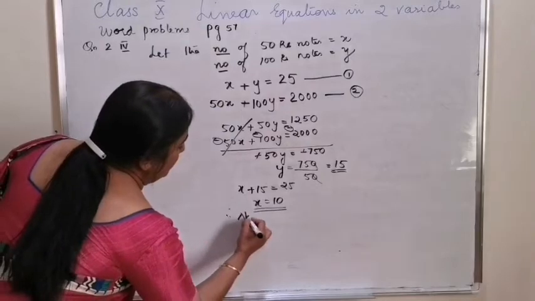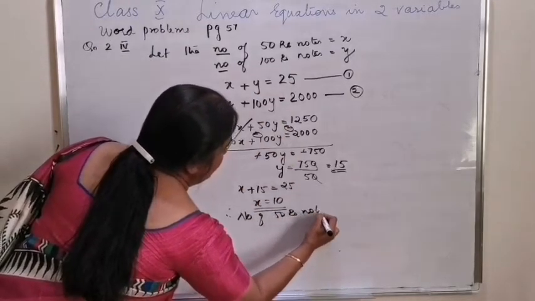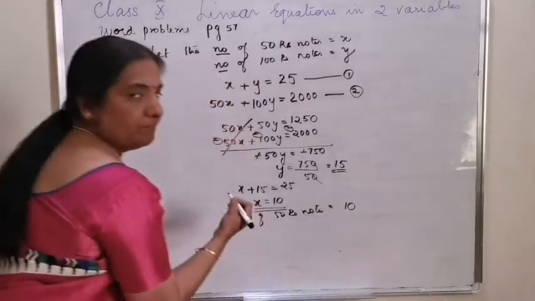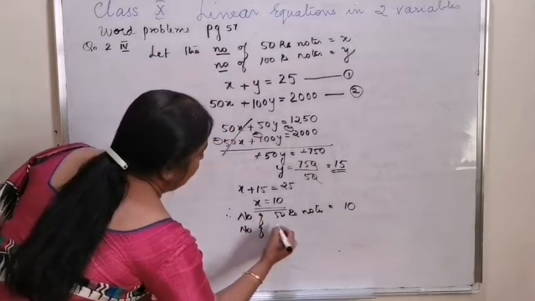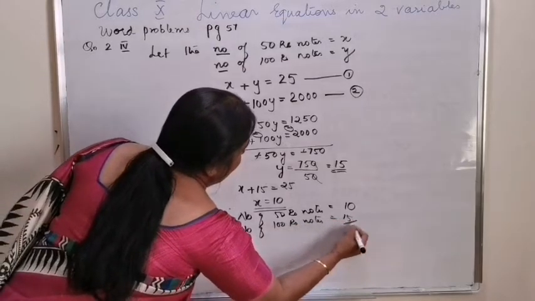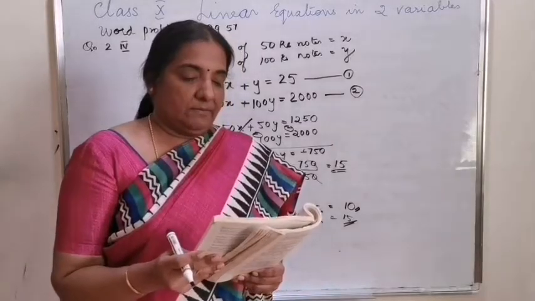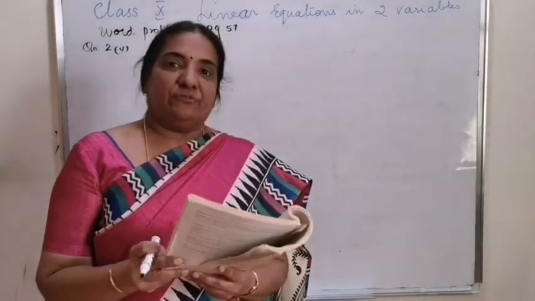Therefore, number of 50 rupee notes is equal to 10 and number of 100 rupee notes is equal to 15. Subdivision 5.